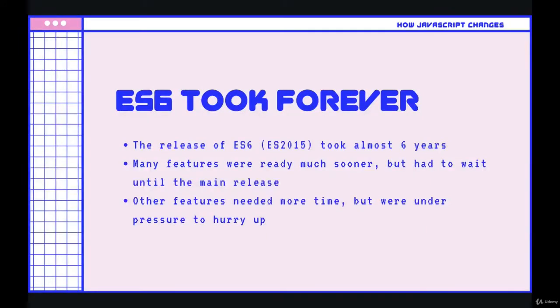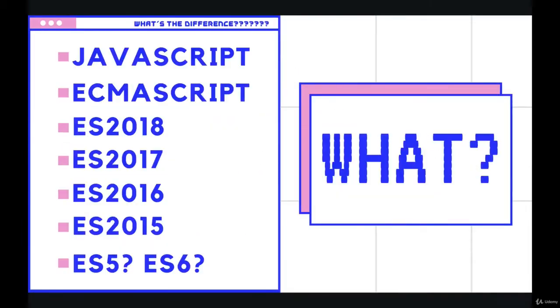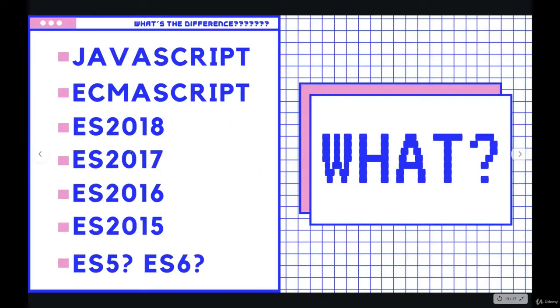After ES6 was released, which took about 6 years, the committee decided to change things up and just annually update the spec. So naming started to go by ES for ECMAScript, and then instead of a version number like 4, 5, or 6, it's now a year. So ES 2015, ES 2016, ES 2017. All of these terms over here on the left, except for JavaScript, are referring to this specification document. ES6 is the same as ES 2015.